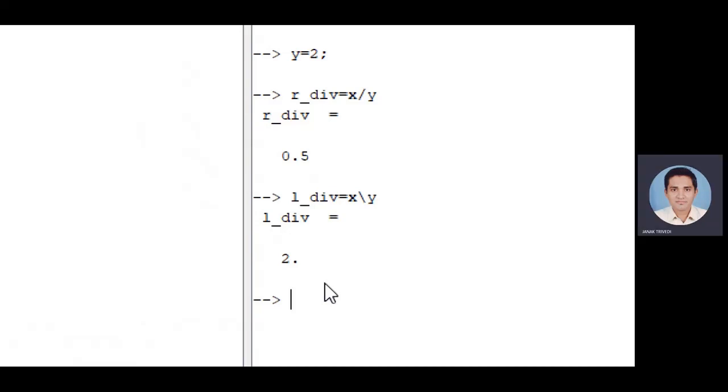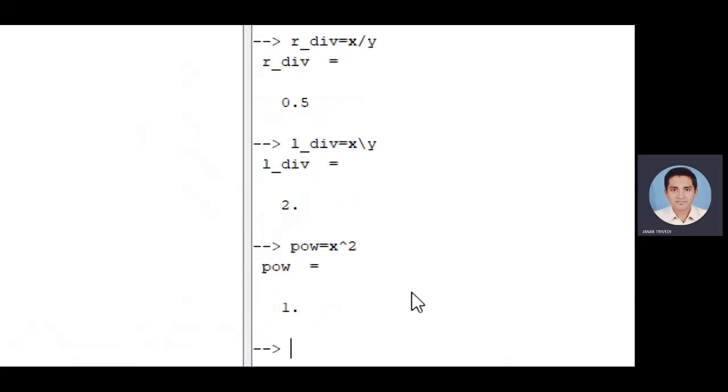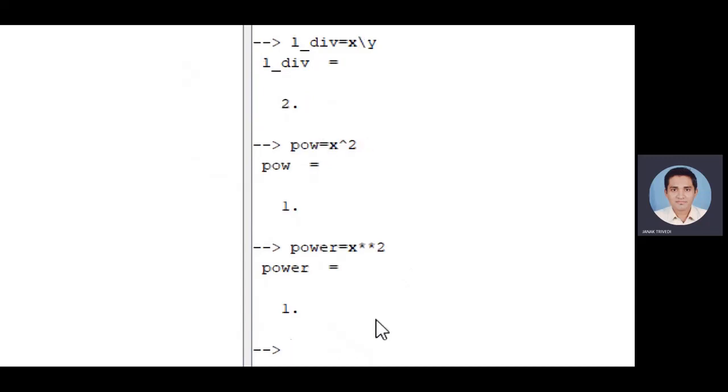Similarly power is used, so power is equal to x raised to 2, so 1 raised to 2 is equal to 1, so 1 is the answer. Then you can also use power like this, x two times multiplication with 2, so the answer is the same, 1 raised to 2.